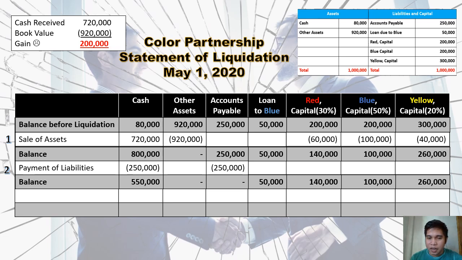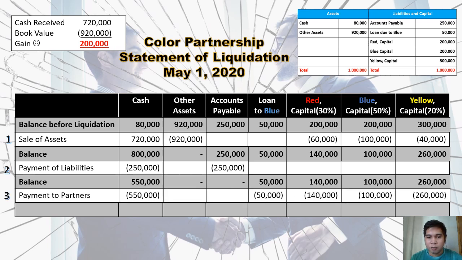Wala na po yung other asset, wala na yung accounts payable, pero meron pa tayong loan to Blue, Red capital, Blue capital, and Yellow capital. Since positive naman po lahat ng capital at yung utang natin kay Blue, pwede na natin silang bayaran ng walang problema. So payment to partners as is lang ulit. Then afterwards, magiging zero na po yung ating balance.